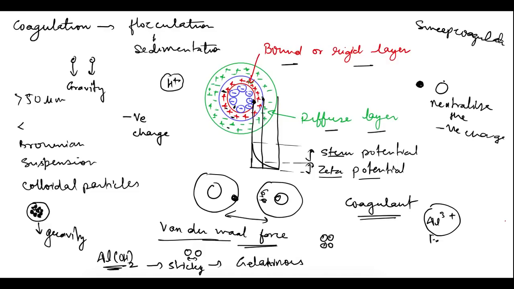Because of this precipitate, the other colloidal particles get stuck to the surface of the aluminium hydroxide, and it forms a flock which settles down. This way these coagulants work to remove the negative charge on the surface. The neutralization of charge happens, the particles come closer, the flock forms and then it can settle. Now we have to see the different coagulants which are used.